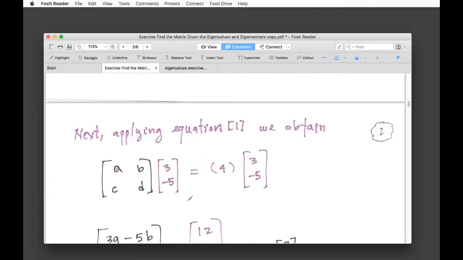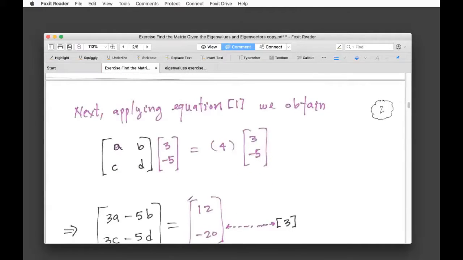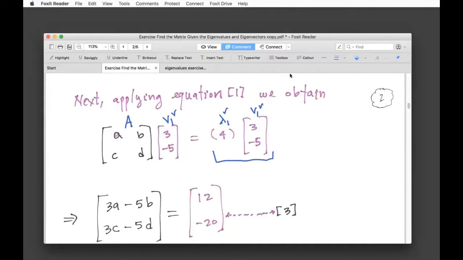The first thing we do is use equation 1: A times V1 equals lambda 1 V1. In this eigenvalue-eigenvector equation, we know V1 and we know lambda 1, so the right-hand side is something we can compute. When we do this scalar multiplication lambda 1 times V1, we obtain a vector with entries 12 and -20.